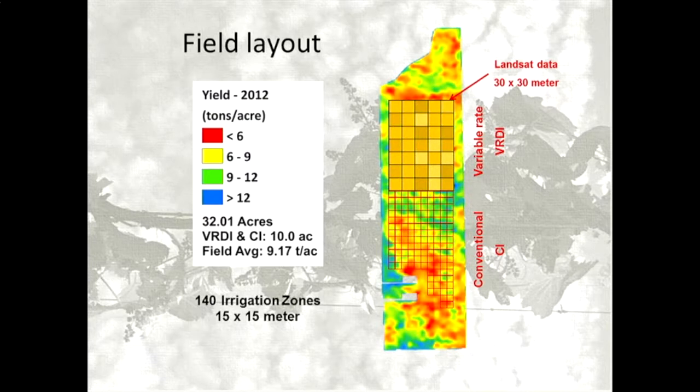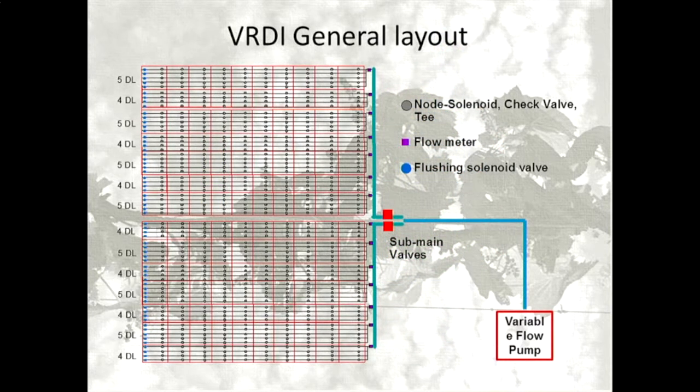So these zones were lined up specifically with the Landsat satellites. Landsat 7 actually in this case, but Landsat 8 just through some reinterpolation is essentially the same grid. These are 30 meter. We would refine those down into 15 by 15 meter zones to where we're irrigating based on satellite response. This is the layout.